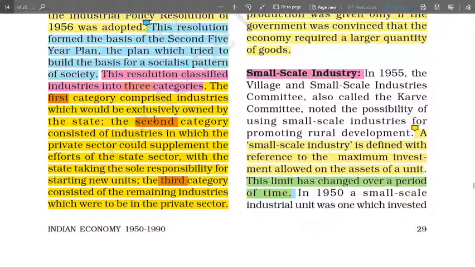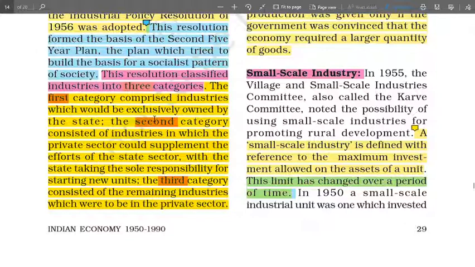So in the second group, there are industries where you can have privately owned industries, but they have to complement and supplement the government-owned public sector. But to set up a new unit in this group, only the government is entitled to.